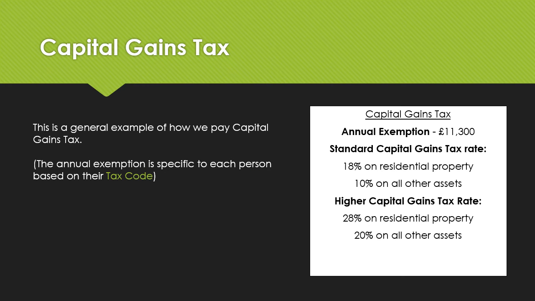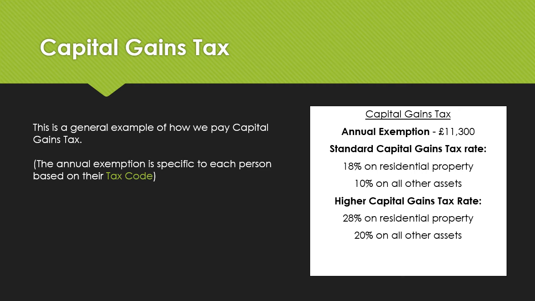So, capital gains tax, an example. This is a general example of how we pay capital gains tax. There's an exemption of £11,300, although that may have changed. You'll check that on the government website later on. If you're a standard rate taxpayer, then you'll have to pay 18% on any residential property that's not your own home that you sell, and then 10% on any other asset.